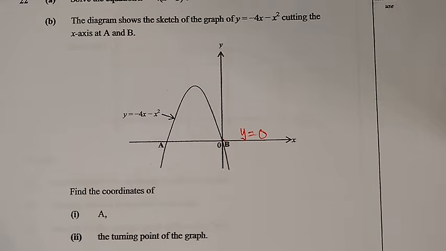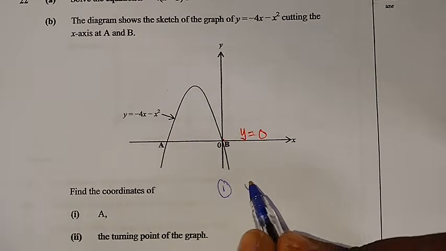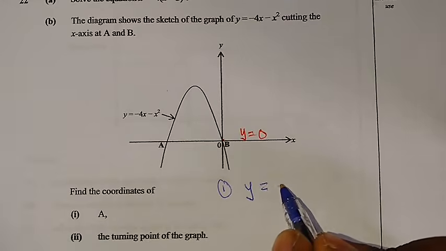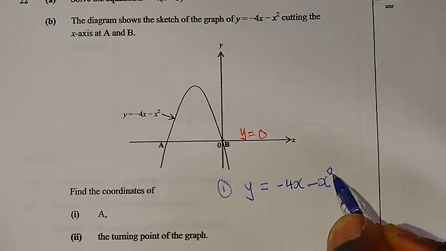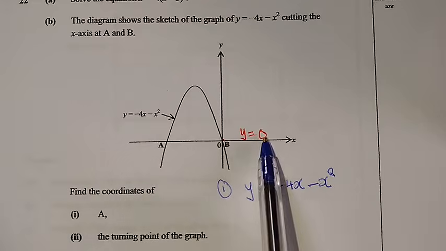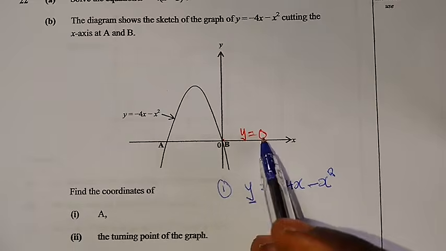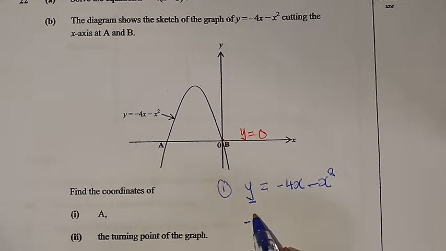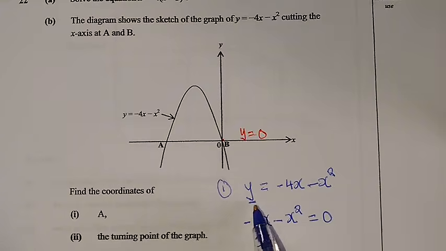Upon identifying that, you write this equation, y is equal to negative 4x minus x squared. Here, we want to find the coordinates of A, and we have said y is equal to 0. So on this same equation, where there is this y, we substitute with a 0. So we are going to say negative 4x minus x squared is equal to 0. I've just substituted where there is y.